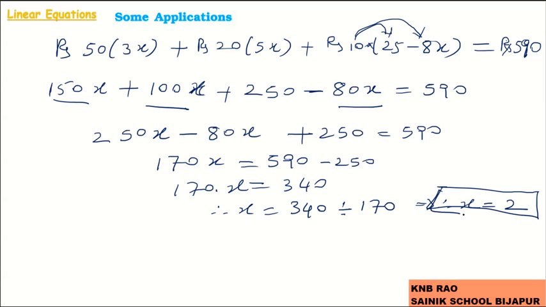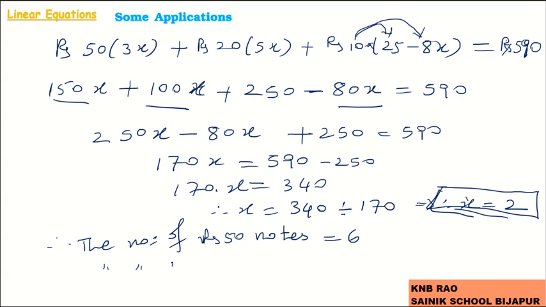Now from this ratio constant we will find the number of notes. The number of rupees 50 notes: 3 twos are 6, so 6 fifty rupee notes are there.